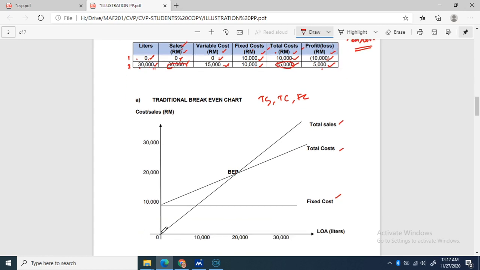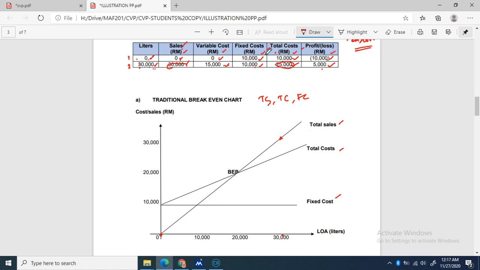If there is 0 unit, that means 0 liters, how much is your sales? It is also 0. So this is the first point. The second point at 30,000 liters is here. So for 30,000 liters, how much is your total sales? It is also 30,000. So 1 point is here, 30 is 30. You have 2 points, here 1 point, here 1 point, so you draw a straight line. So this is the total sales line.